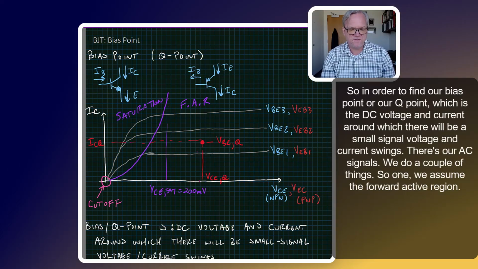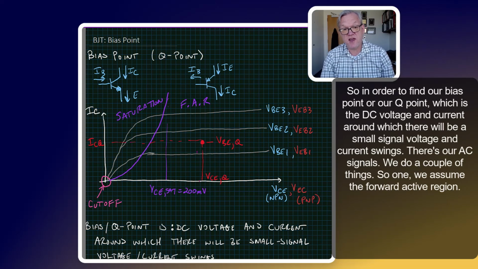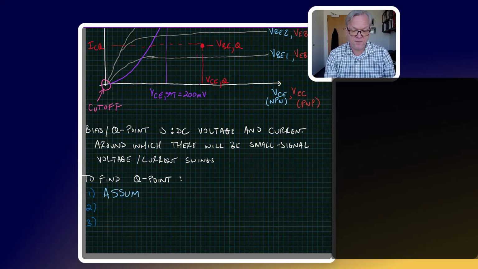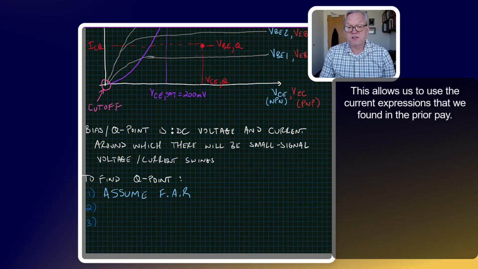So in order to find our bias point or our Q point, which is the DC voltage and current around which there will be small signal voltage and current swings, those are our AC signals, we do a couple of things. So one, we assume the forward active region. This allows us to use the current expressions that we found on the prior page.